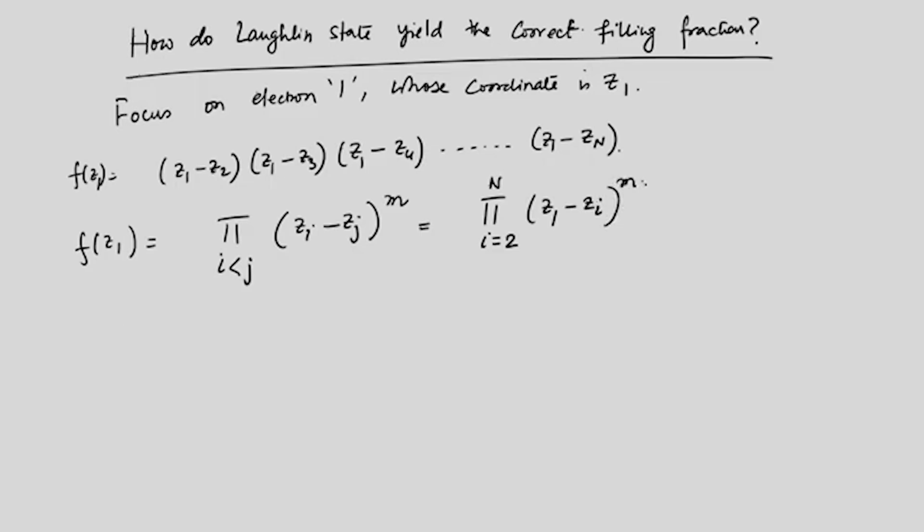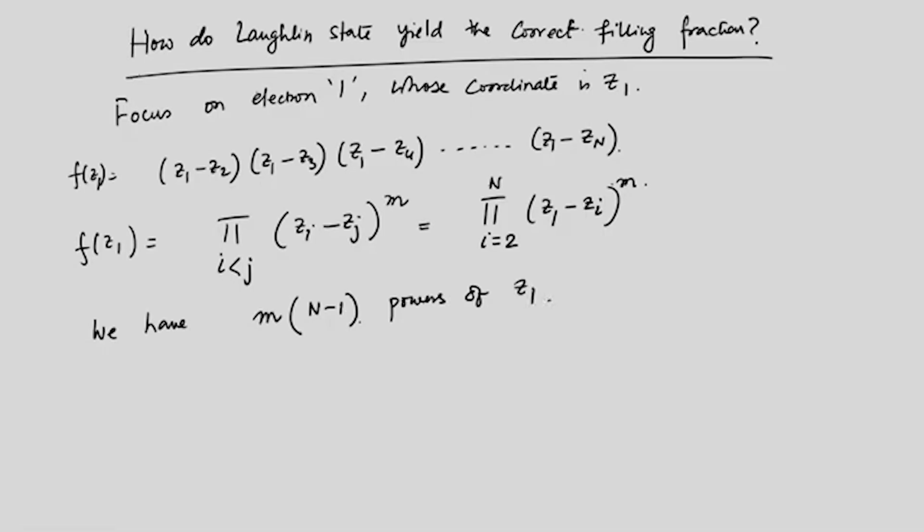Okay. So, this tells us that at zi equal to z1 there is of course a 0. So, how many powers of z1 do we have in this particular case? It is like m powers of z1, and this is like n minus 1 such factors.